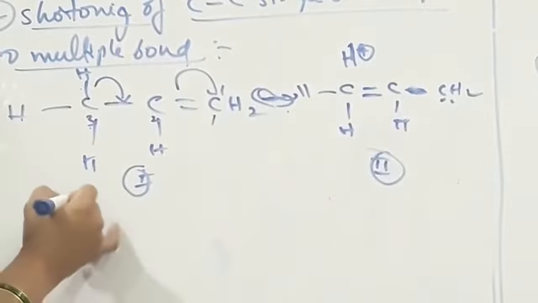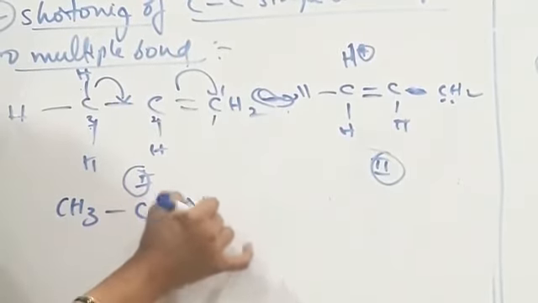And the same thing we can observe in nitriles also. For example, acetonitrile. In acetonitrile also we observe hyperconjugation. So CH3CN, acetonitrile, where a carbon is linked in between, and a carbon-nitrogen triple bond is there.